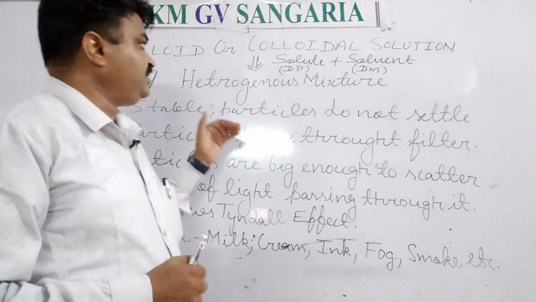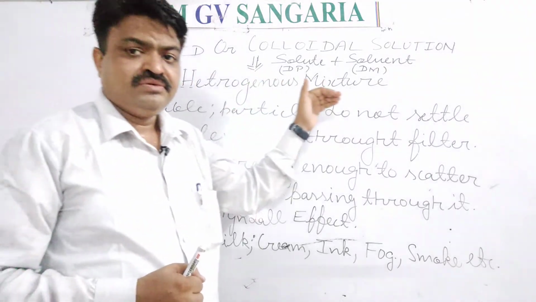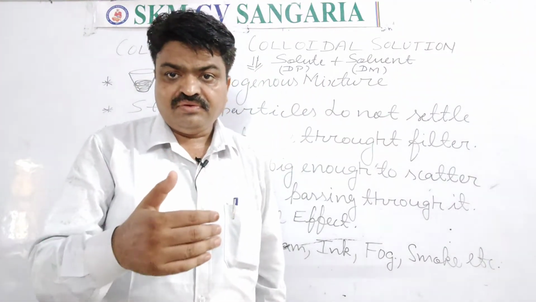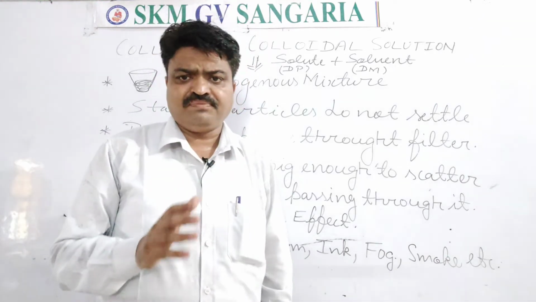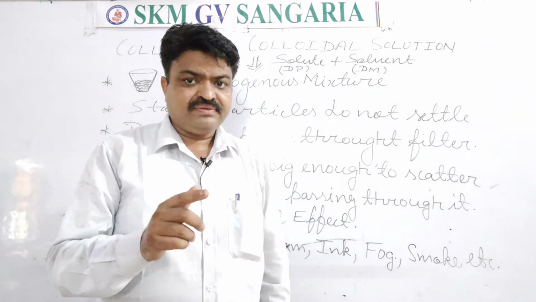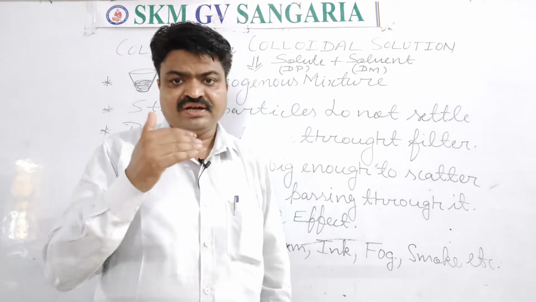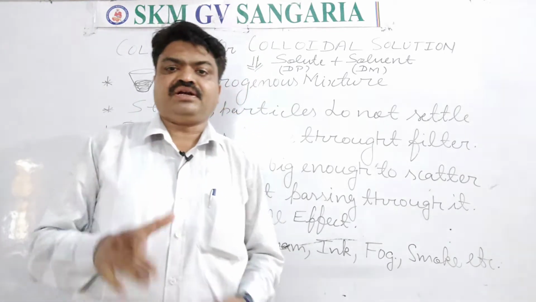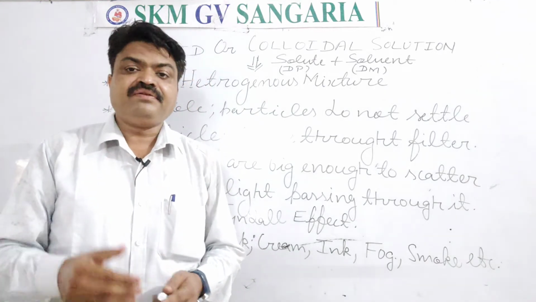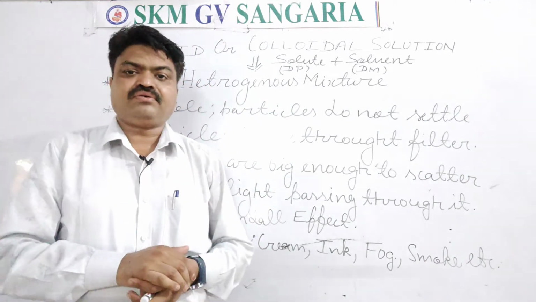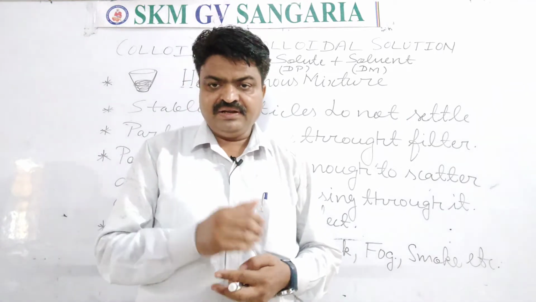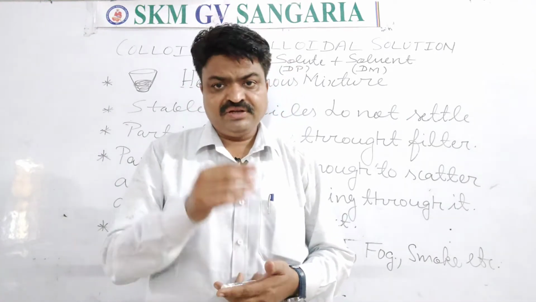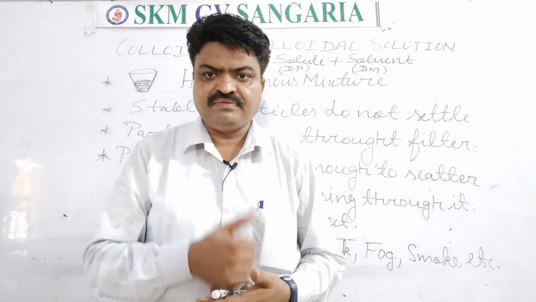It has a uniform composition, but the mixture is heterogeneous, and the particles do not settle down. When we prepare a colloid, the particles do not settle down. Its best example is our blood.